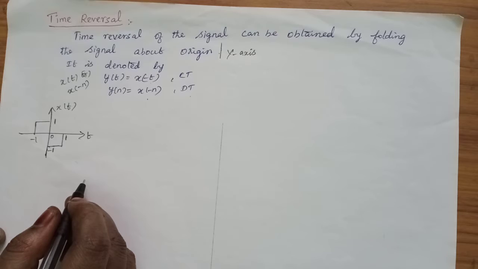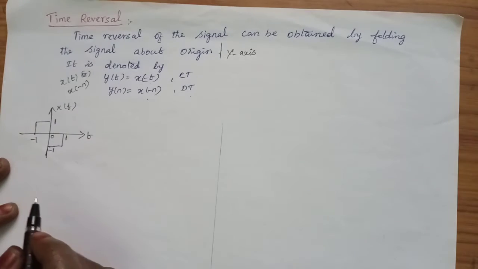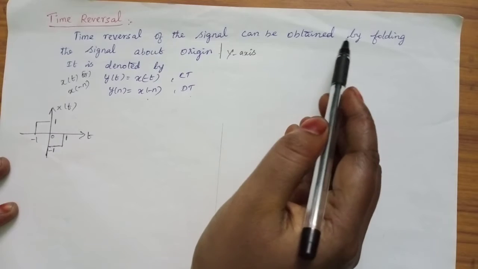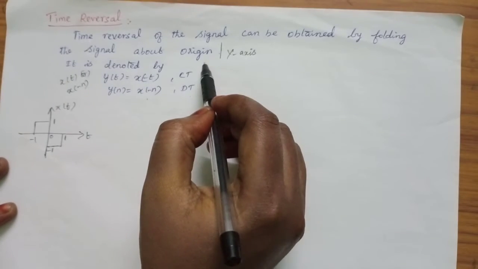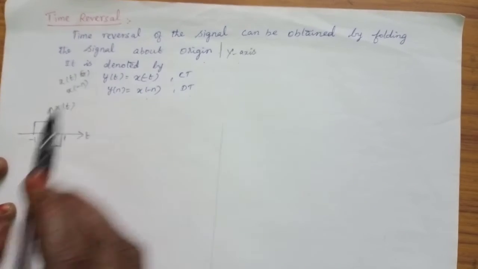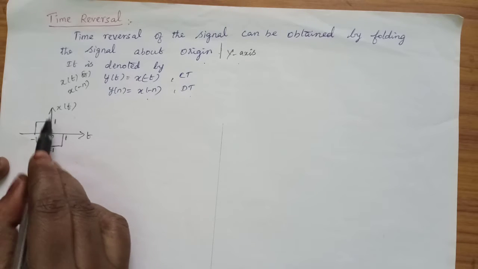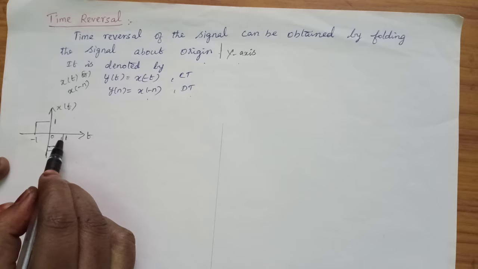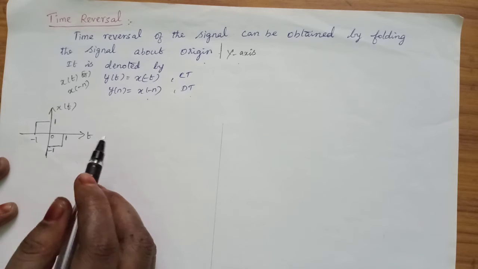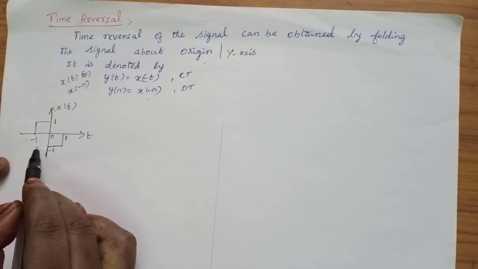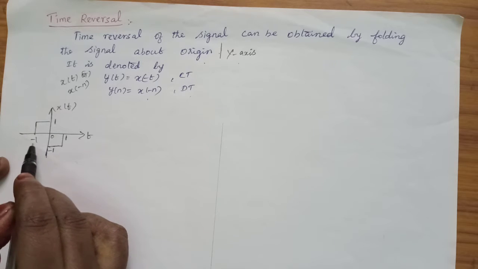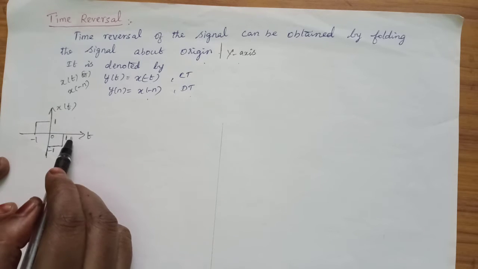Okay, so x of minus t can be obtained, as per the definition, by folding the signal about the origin or y-axis. If we fold the signal about the y-axis, the signal present at the right side of the axis gets reflected to the left side, and similarly the signal present at the left side gets reflected to the right side.